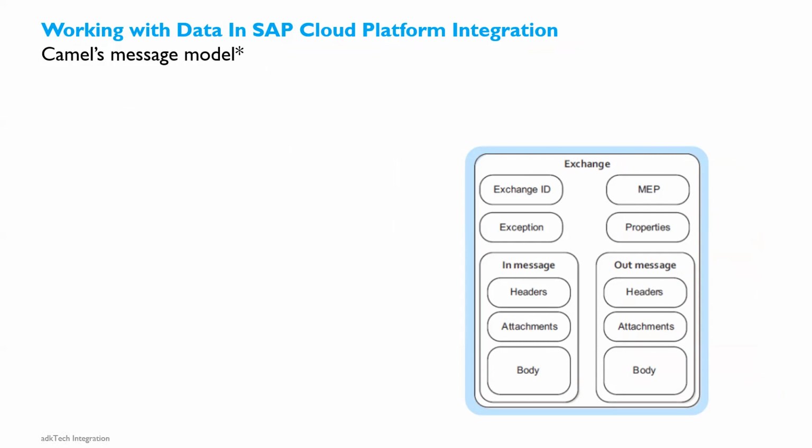This is a message container during the routing, and you can see it consists of exchange ID, MEP (message exchange pattern), exception, property, and in message and out message. We already saw in our previous slide that the message has a header, attachment, and the body.